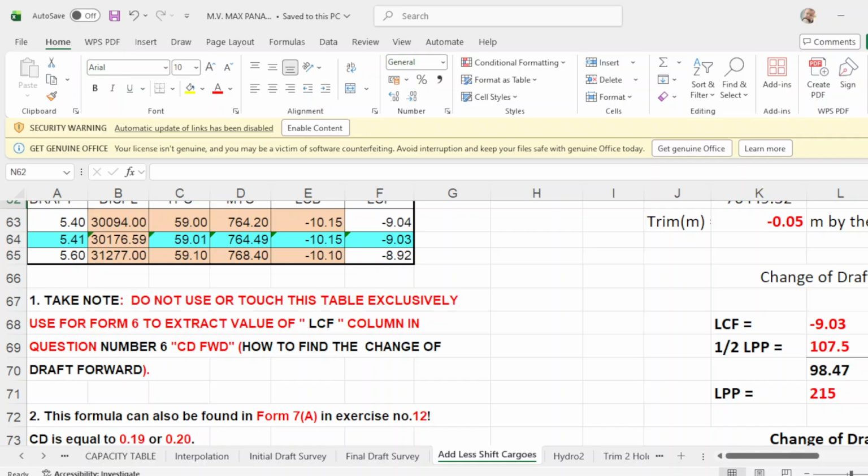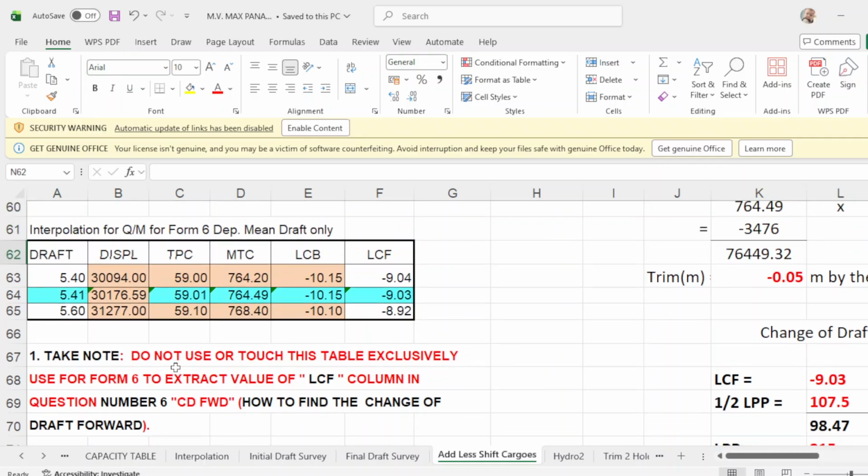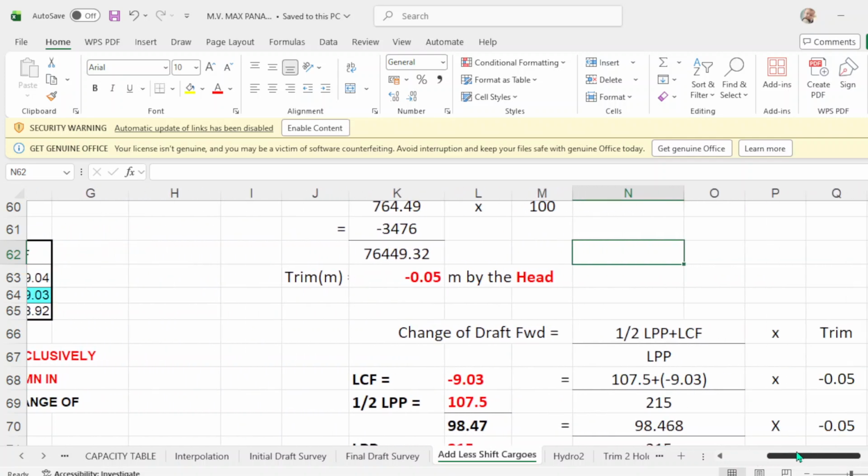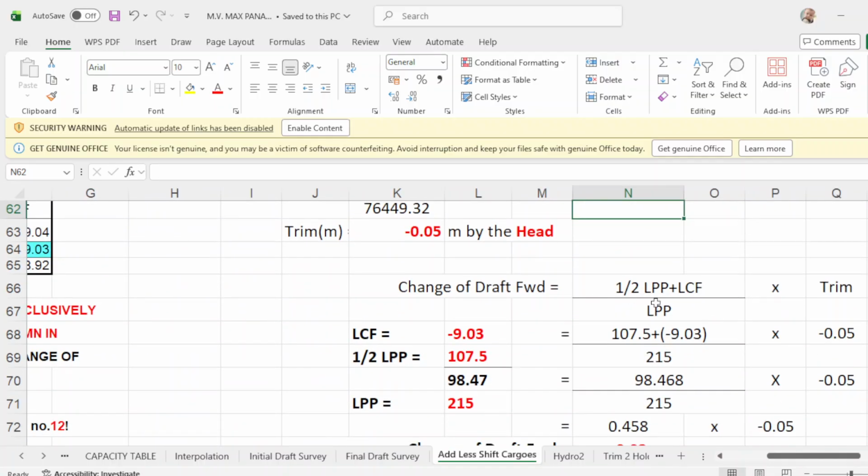Okay, here. One half LPP is 107.5. LCF is negative 9.3. You add this one, then your value will be 98.0468.